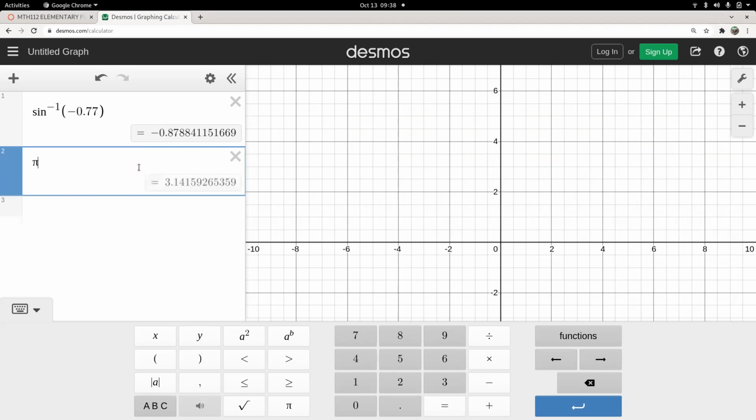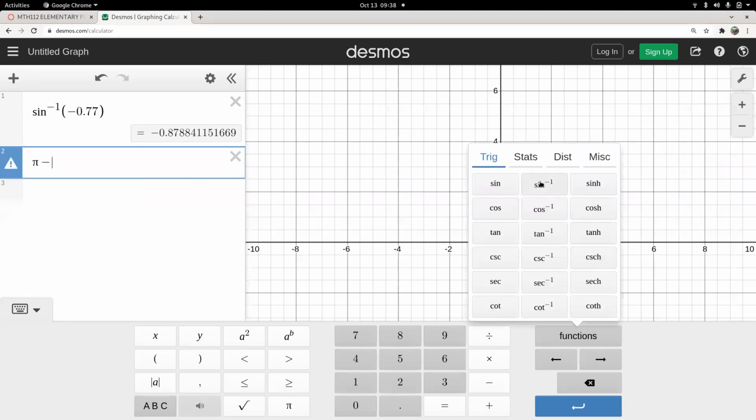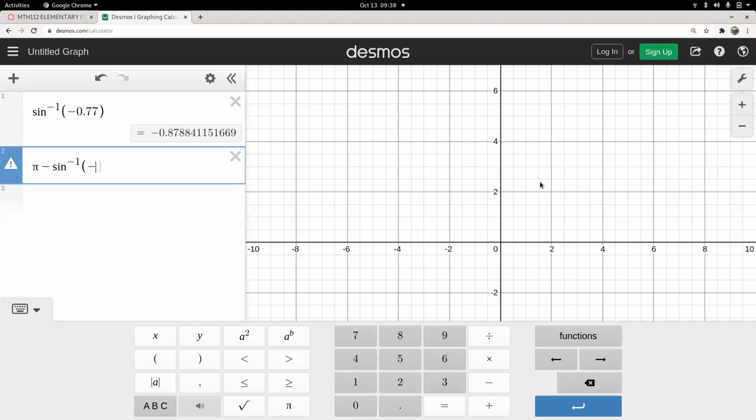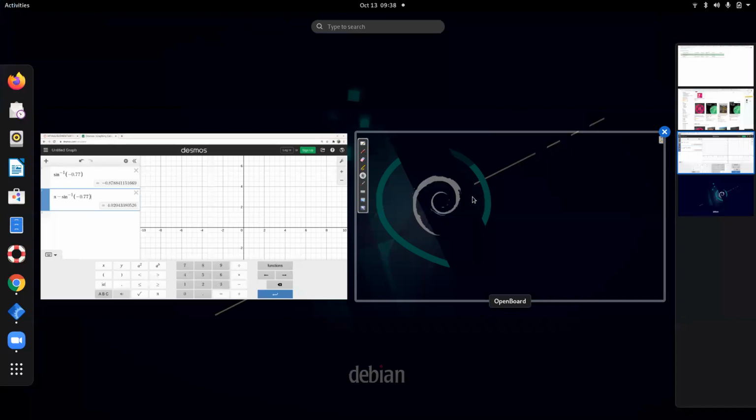So I claimed it was pi minus the arcsine of negative 0.77. And so that should give me a radian angle of 4.020 if I went to 3 decimal places. So let's see if that seems reasonable in my picture.